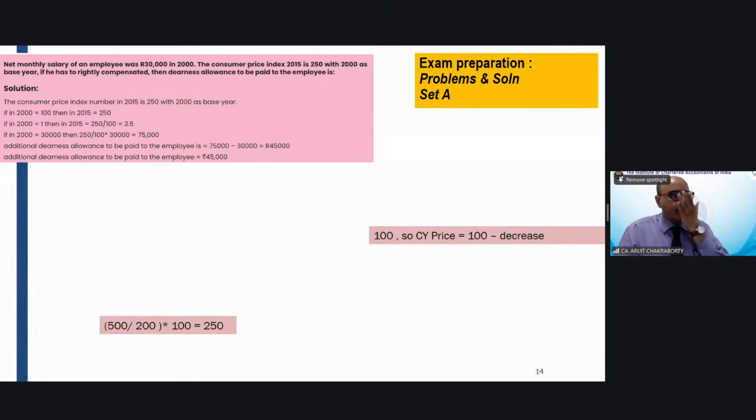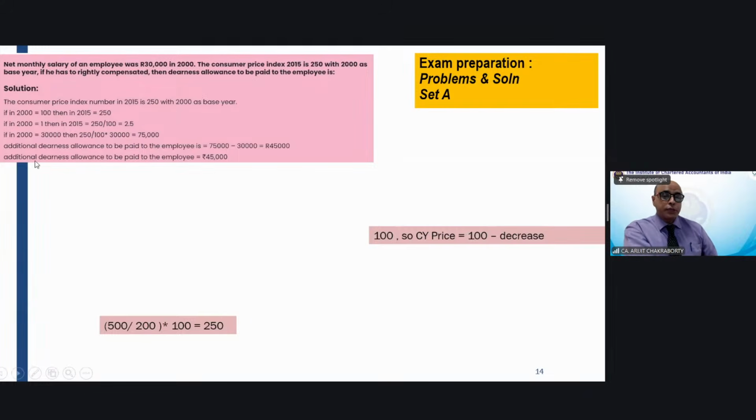सन 2000 में consumer price index was how much? Was 100. 2015 में ये consumer price index हो गया है 250. यूनिटरी मेथड मैं बता रहा था, it is nothing but the unitary method जो हम लोग स्कूल में सीखते हैं. In 2000 if it is 1, then in 2015 it is 2.5, जो मैं अभी बता रहा था, 2.5 गुना प्राइस बढ़ गया है.